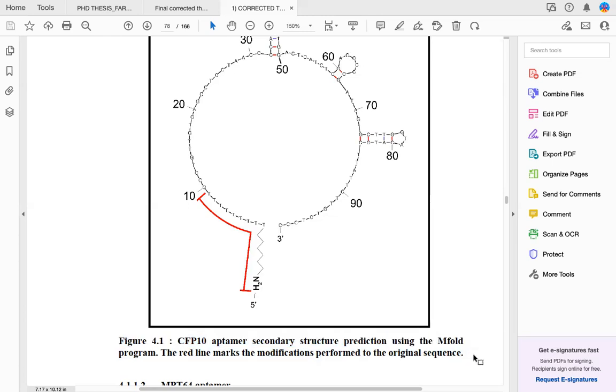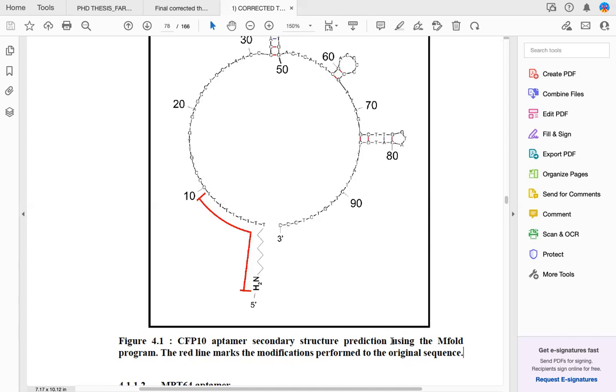It must be very descriptive. You cannot just say "CFP10 aptamer secondary structure", because that doesn't tell the story. You must tell the whole story that is happening in this picture. So the story is: CFP10 aptamer, secondary structure prediction, meaning this is a new modified structure, not the original one that the candidate has adapted.